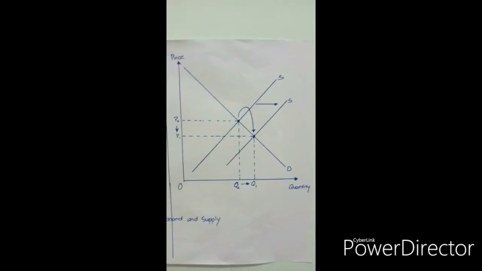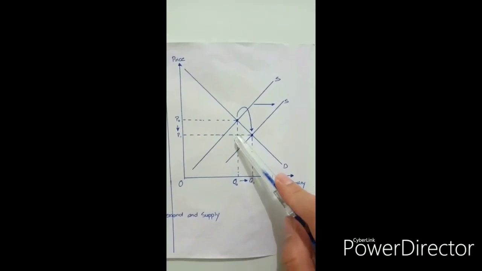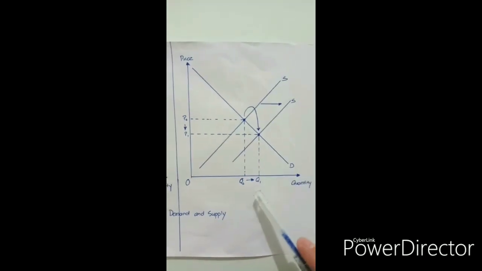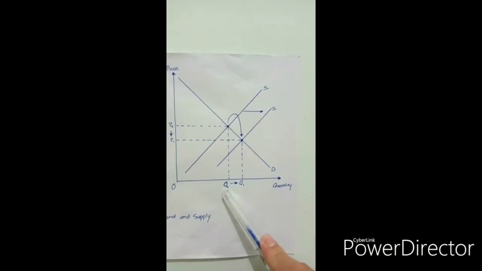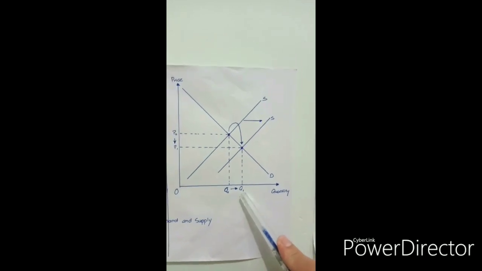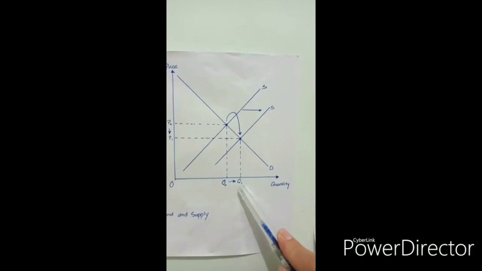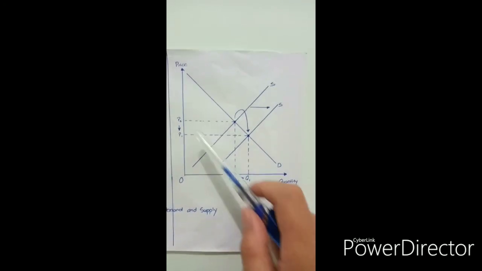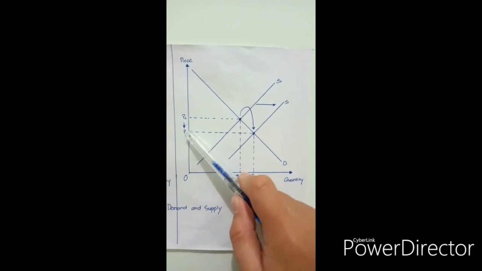While for supply, the higher supply will lead to a higher equilibrium quantity, from Q0 to Q1, but it will lead to a lower equilibrium price, which is P0 falling to P1.